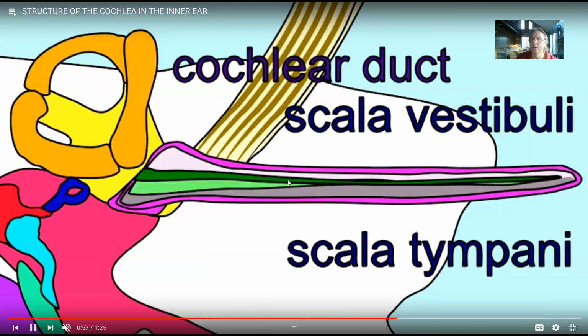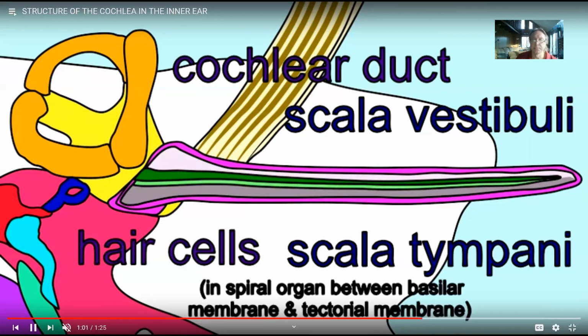And then the endolymph, as it moves, is going to displace the hair cells, which are between 2 membranes. There's a basilar membrane at the base of the cells, but where the kinocilium and stereocilia are, there's a tectorial membrane. And so the movement of this fluid displaces these membranes.